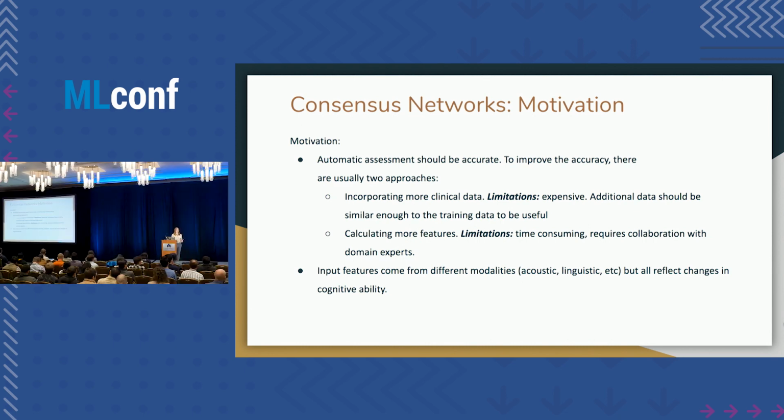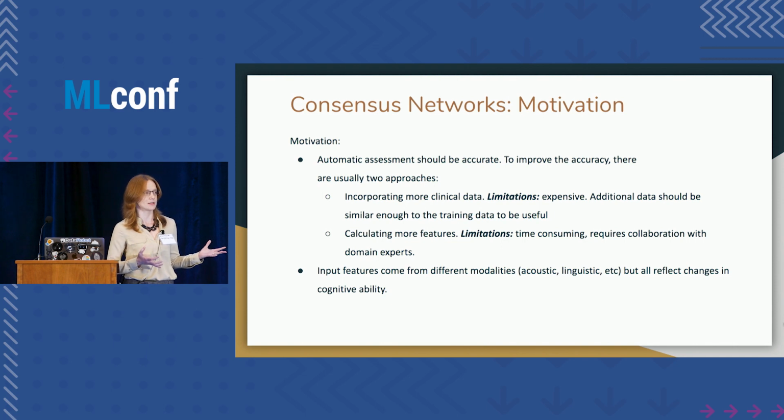The main motivation for this system is a simple fact that the representations of speech could be multidimensional. We can extract features that come from different modalities, such as I said already, acoustic, linguistic, and so on.